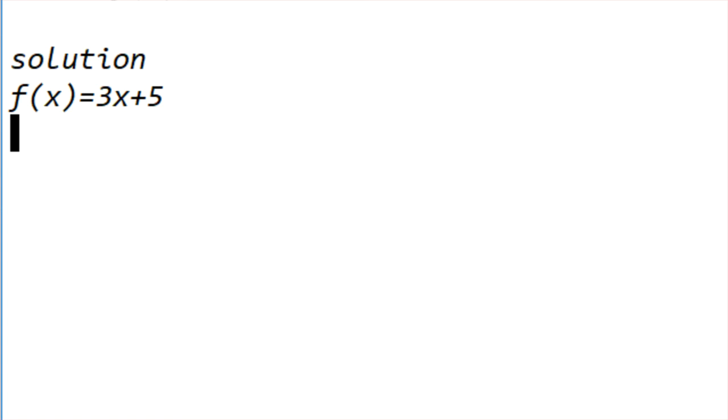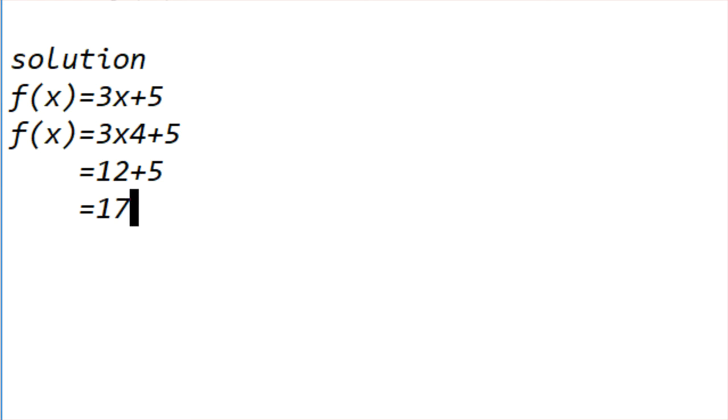So f of x equals 3 times 4 plus 5, which equals 12 plus 5, which is 17.